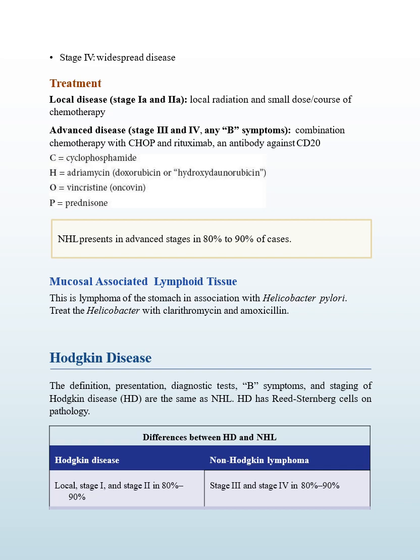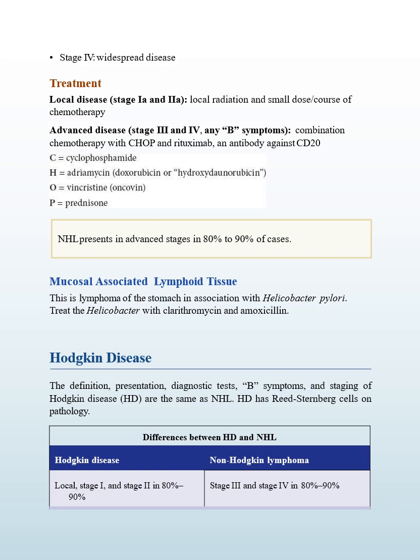The treatment depends on the staging. Local disease, which is stage 1A and 2A, needs only local radiation and a small course of chemotherapy. For advanced disease, which is stage 3, 4, and any B symptoms, we give the patient a combination of chemotherapy with CHOP and rituximab, which is an antibody against CD20.